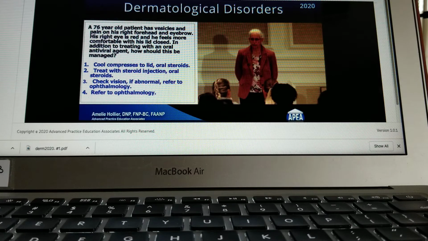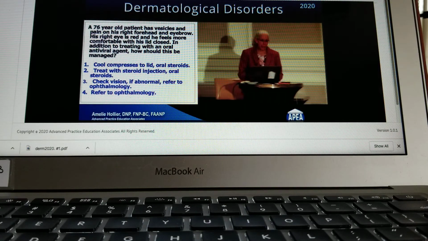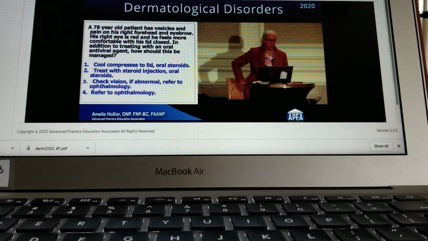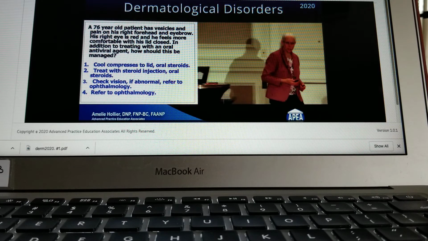Here's your patient. A 76-year-old patient has vesicles and pain on his right forehead and eyebrow. His right eye is red, and he feels more comfortable with his lid closed. In addition to treating with an oral antiviral agent, how should this be managed? Well, it sounds to me like he's got shingles.